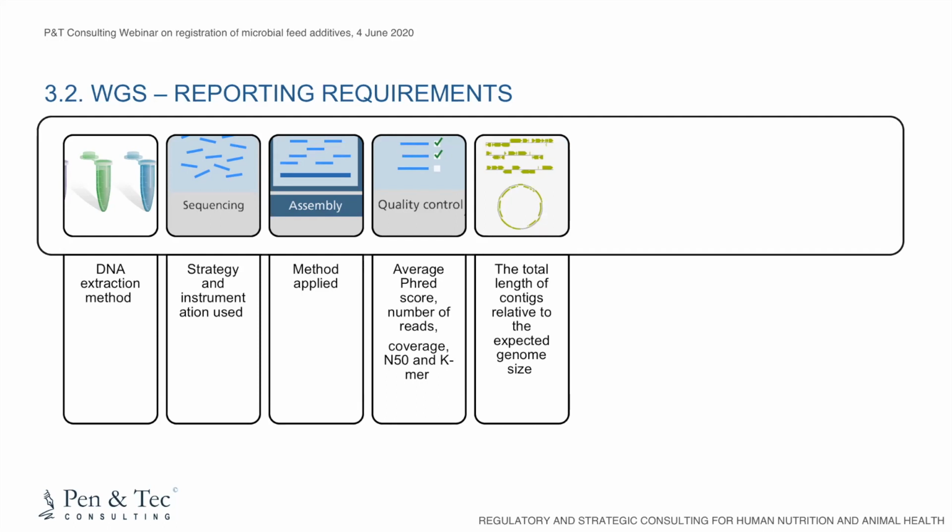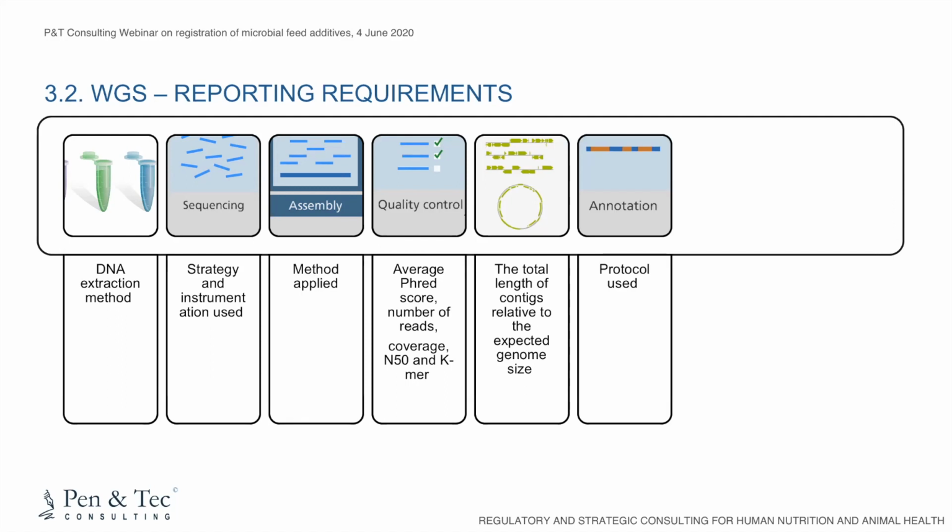A contig is a set of overlapping DNA segments that together represent a consensus region of DNA. The total length of the contigs relative to the expected genome size needs to be calculated and reported in the dossier.